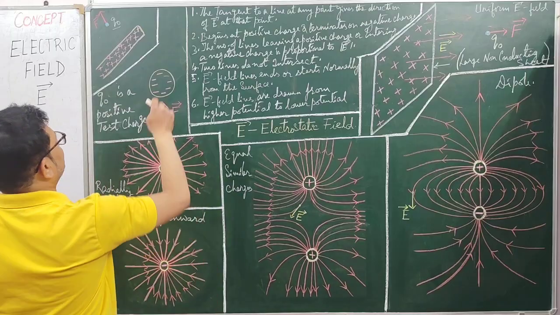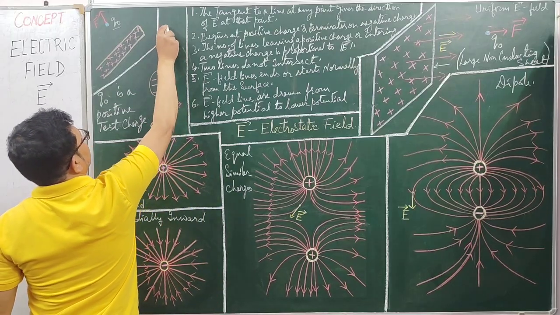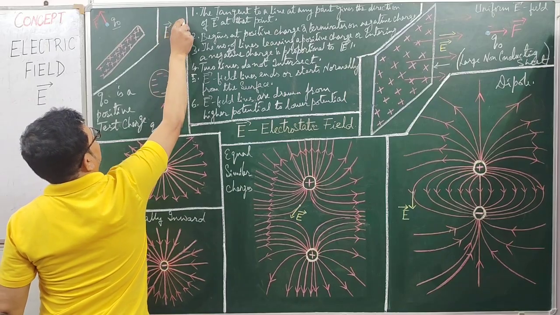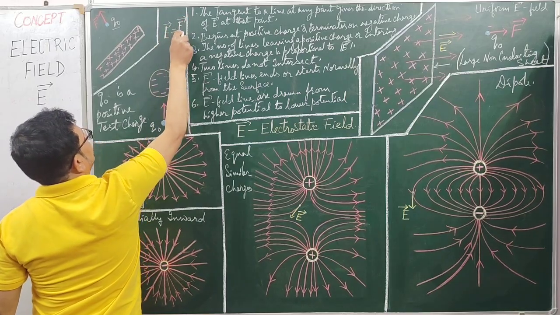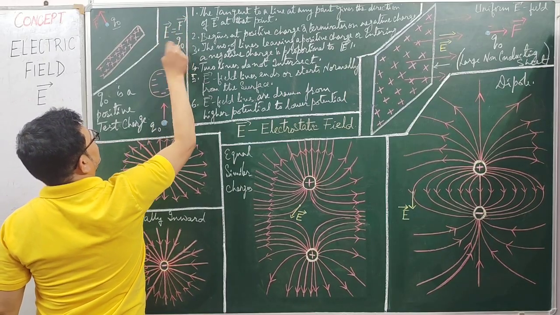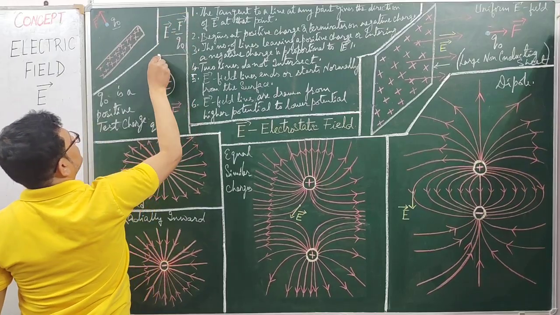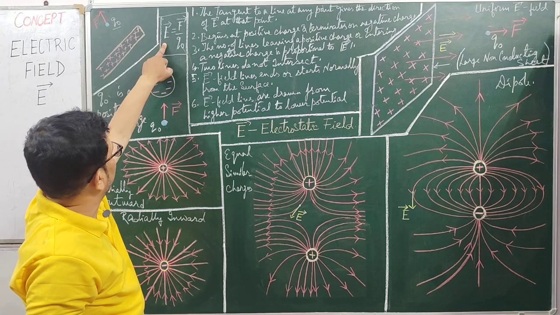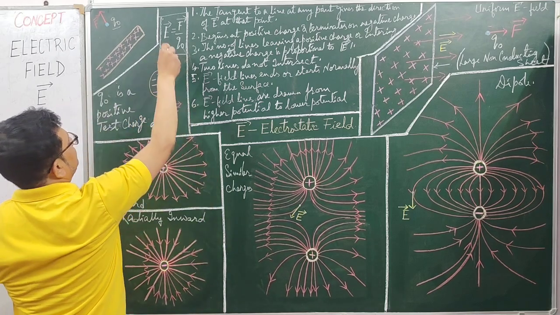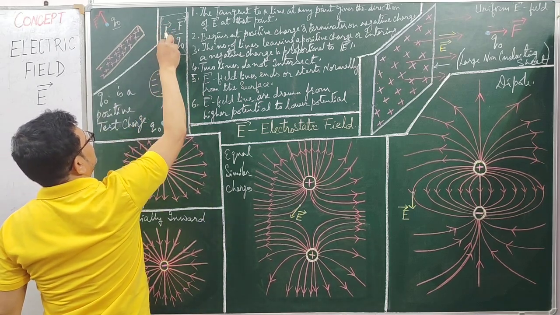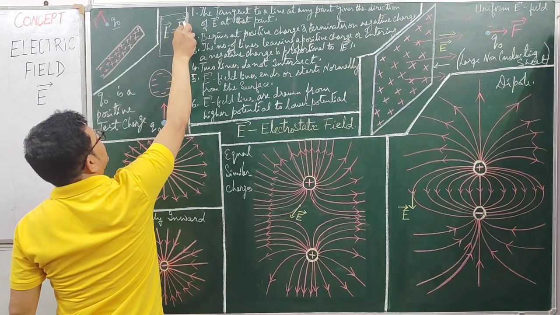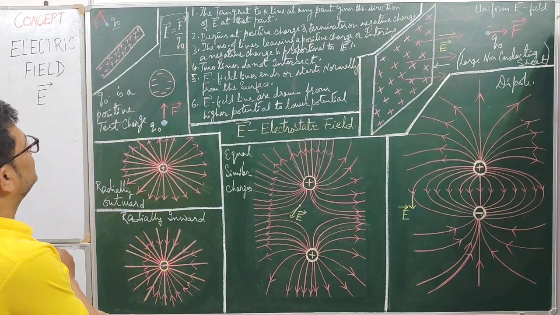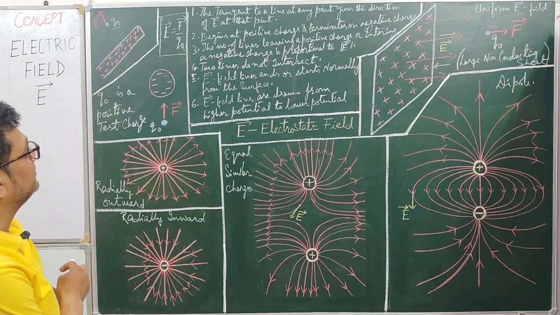This has a relation. The electrostatic field E is the force experienced by the test charge per unit test charge. So the electrostatic field, in terms of its magnitude, is defined as the electrostatic force per unit test charge, the charge that we have placed to test what force is being experienced.